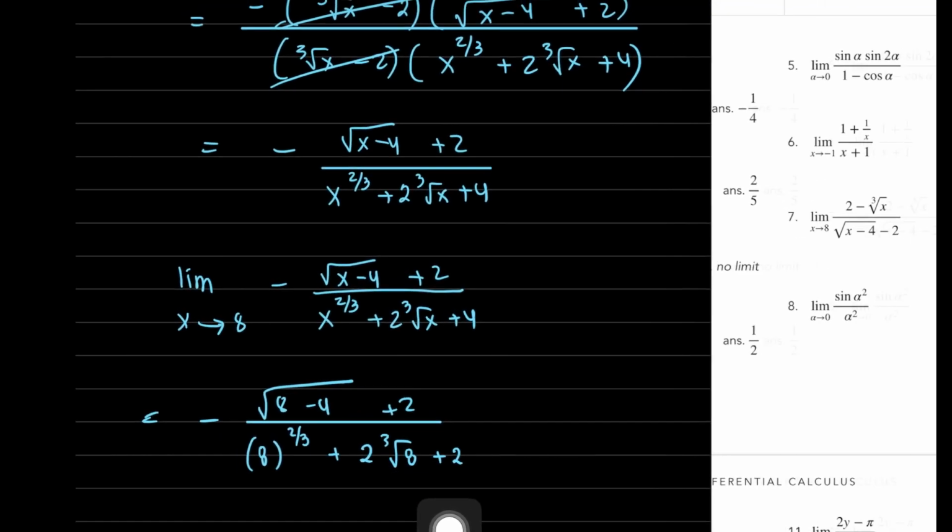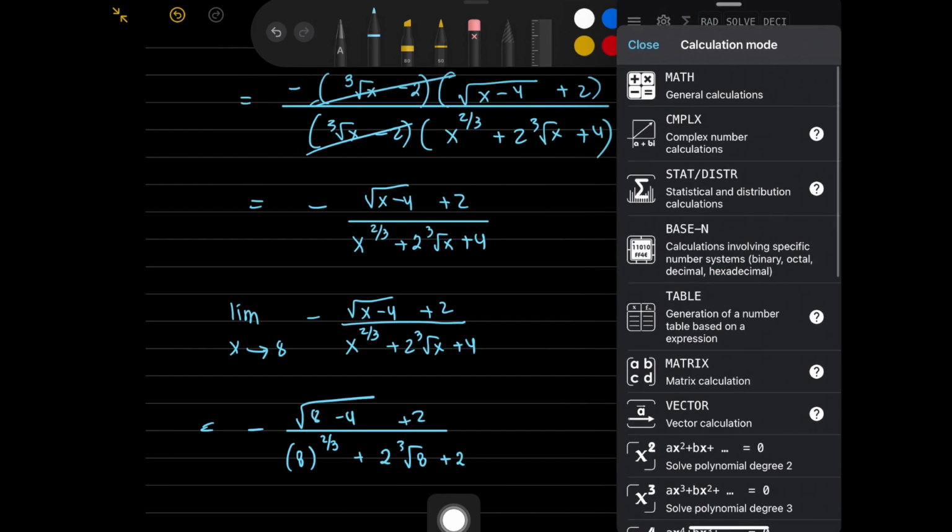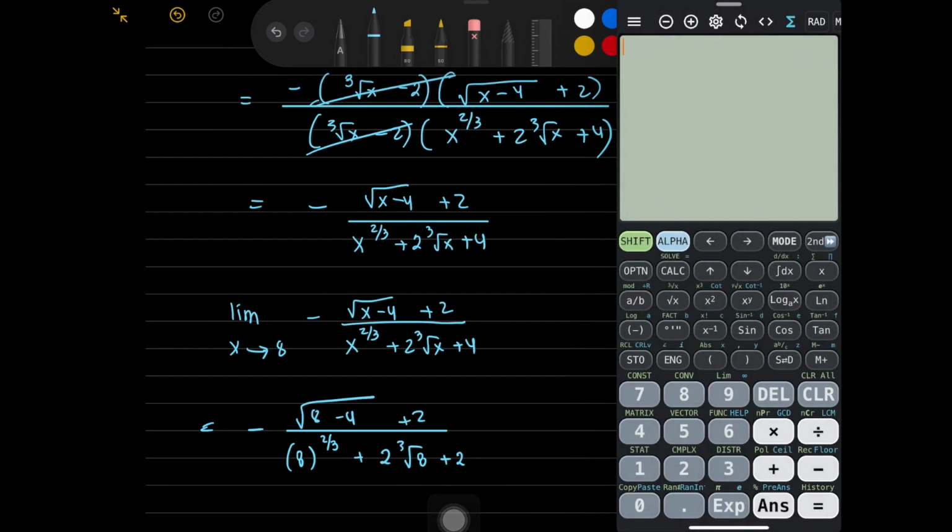Then we can use our calculator here. So that's negative square root of 8 minus 4 plus 2 all over 8 raised to 2 over 3 plus 2 multiplied by cube root, that's shift 8, and then plus 2.